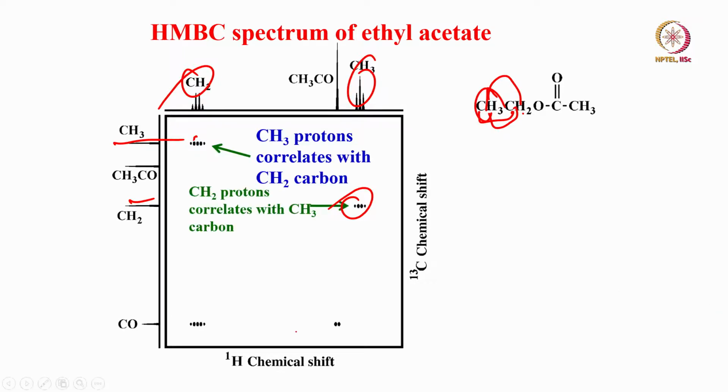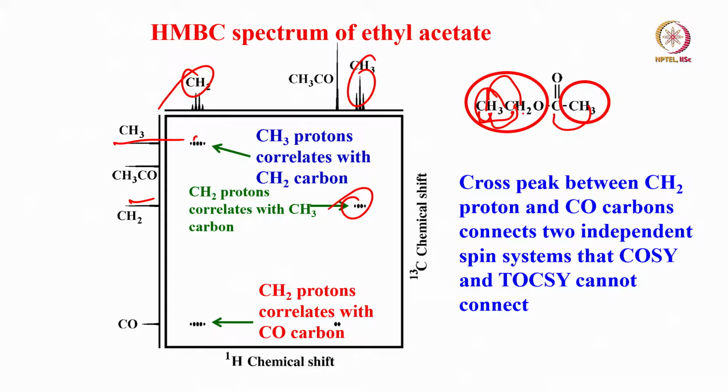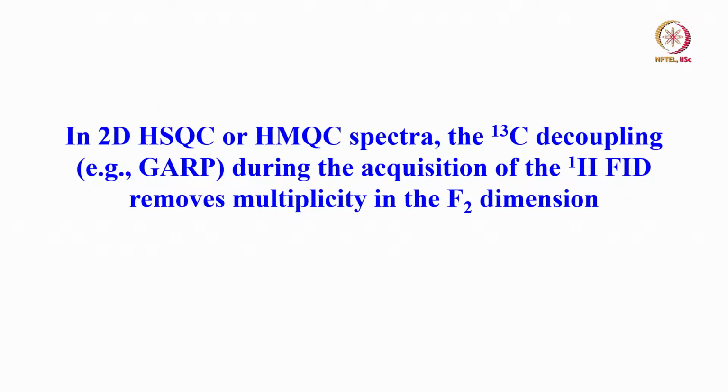Similarly, if you come to this one, this is the CO carbon, this can have a long range correlation with the CH3 protons or the CH2 proton, either of them. Okay. So this is how HMBC has to be interpreted. Interpretation of HMBC is correlation to the next neighbor.